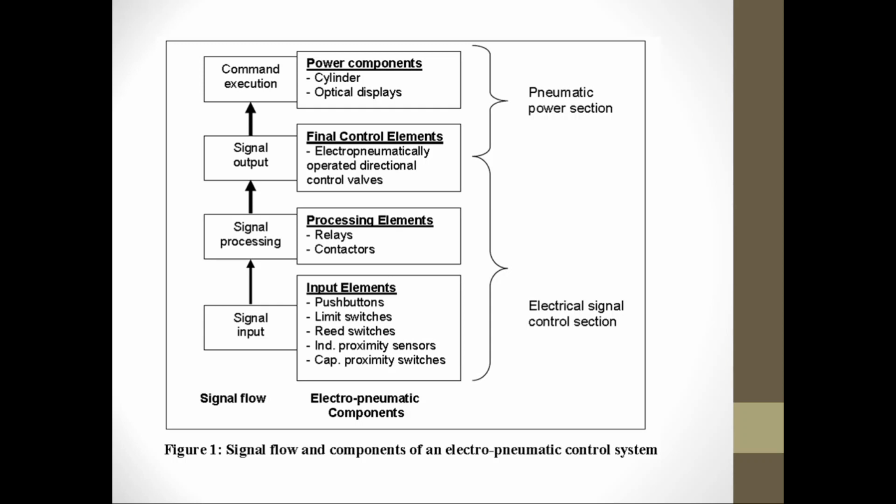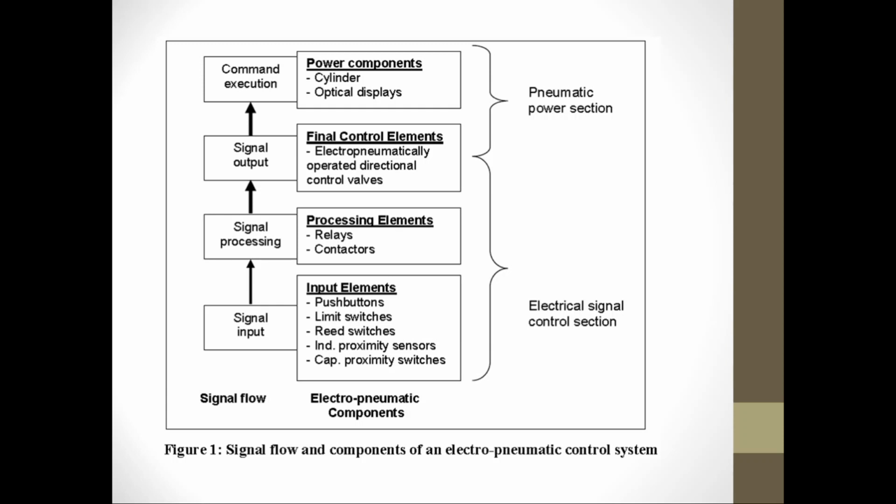And then after the signal processing, the next step would be the signal output. So the signal output is basically the command coming from the processing elements, wherein in the signal output, it is where the directional valves are being controlled.